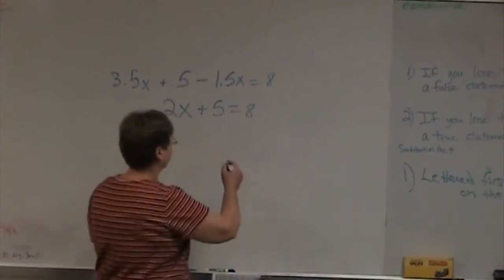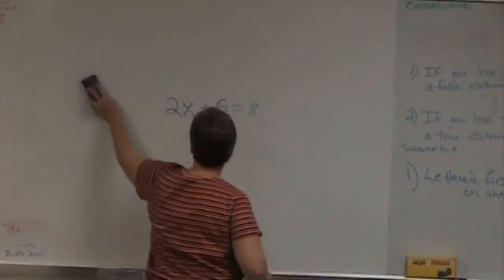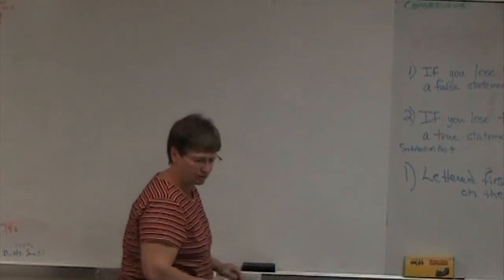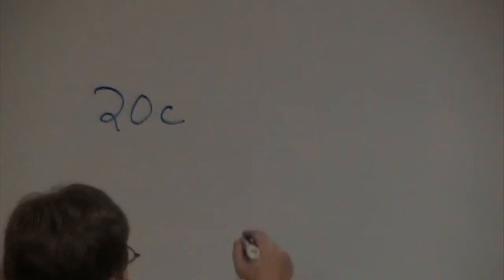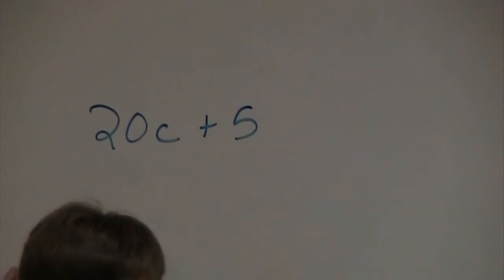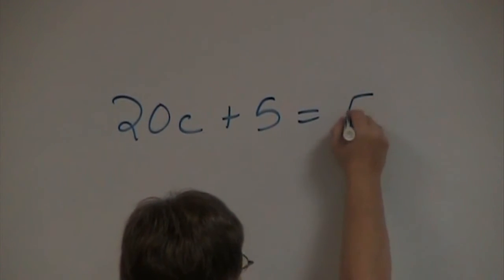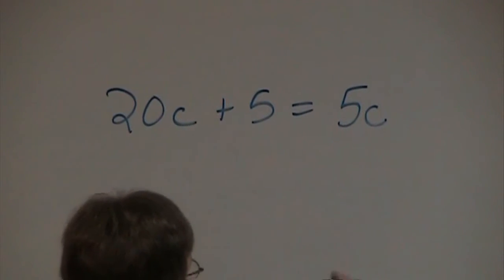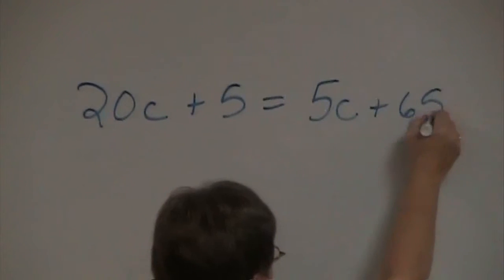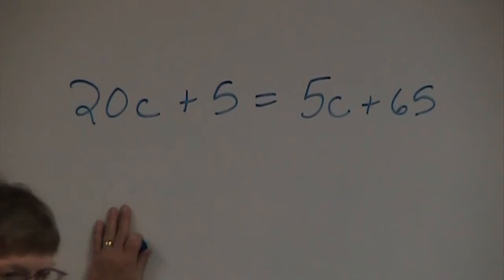So let's do one like that. And then we'll change it to make it look like that. Okay? We're going to do this problem together, and then I'm going to make it a little harder. Notice, they have a variable term on both sides. This is number 5.